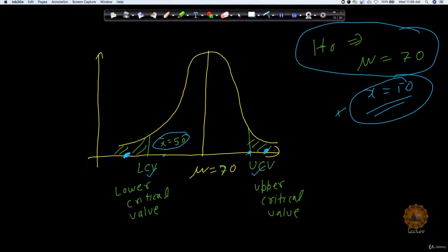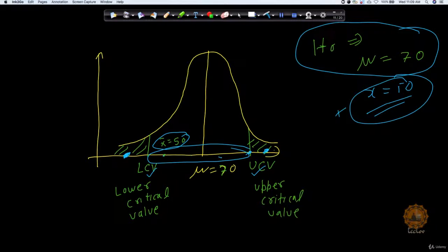And if your value is less than UCV but greater than LCV, within this range, then I would say that I can't say accept my null hypothesis, I should say fail to reject my null hypothesis.